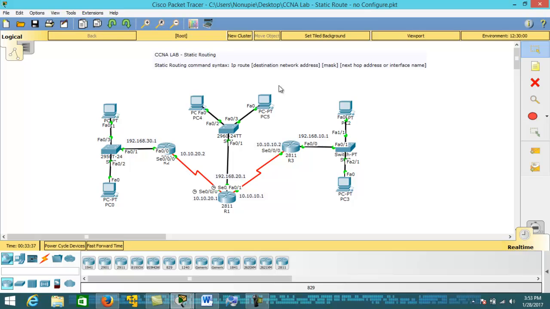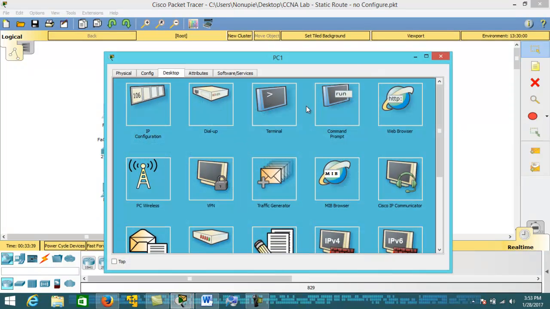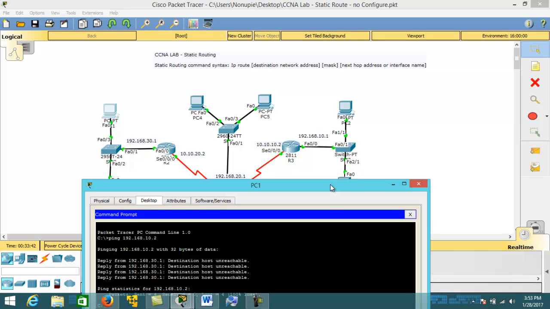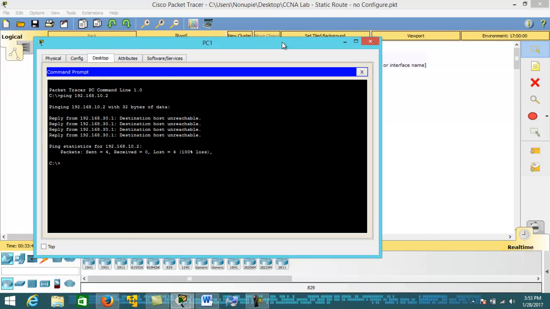So we can see that from this PC we will be able to communicate with this PC. Just go to the command prompt. Before, it was not able to ping this IP address of the remote network. Let's quickly see whether it will be able to ping or not.